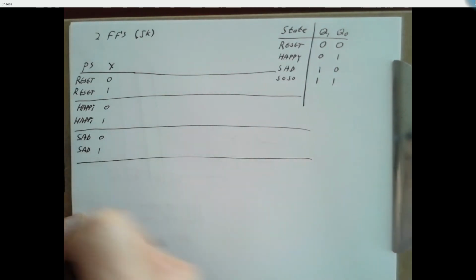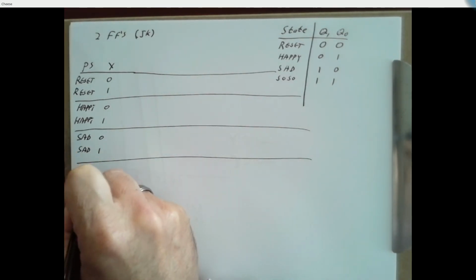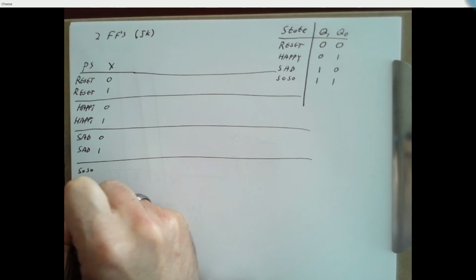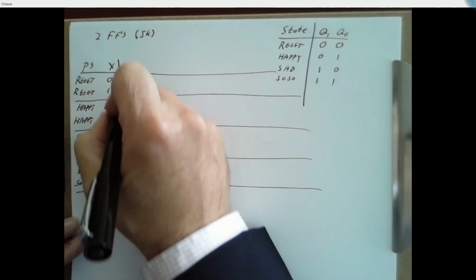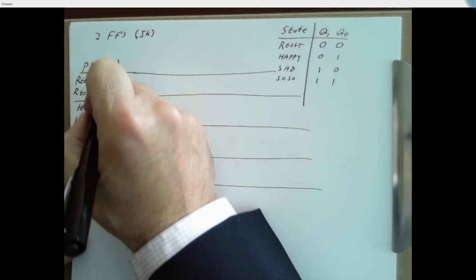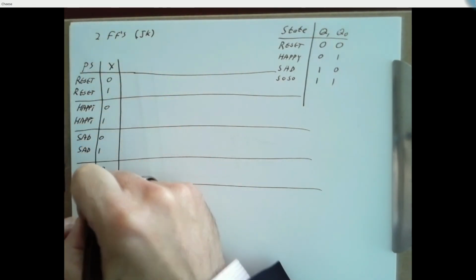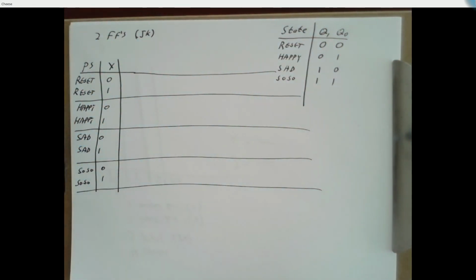We may not take this all the way to the end because I think you're going to have the hang of it before we get there, and I'd rather you do this on the board. Okay, agreed. Those are the only 8 possible situations, right? We got to be in one of those 4 states, and our input is either a 0 or a 1.